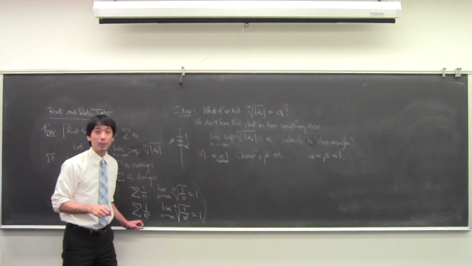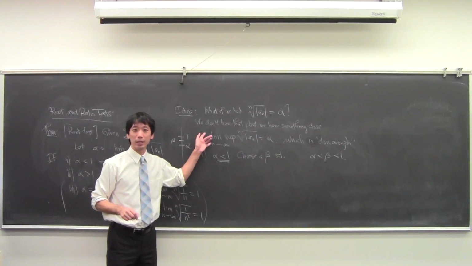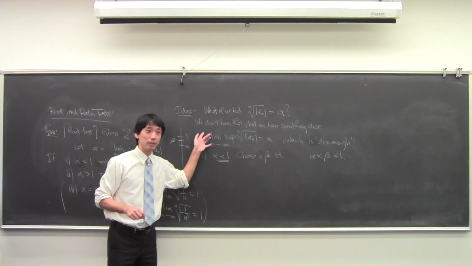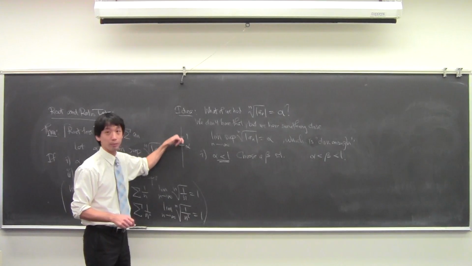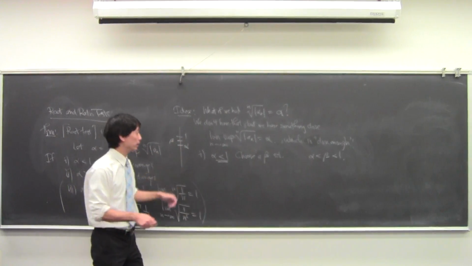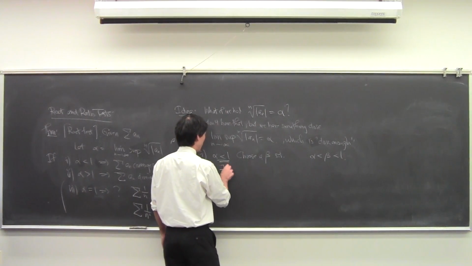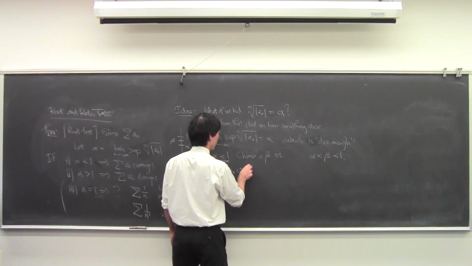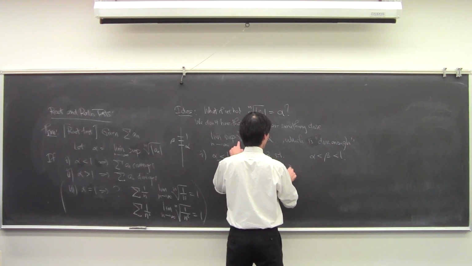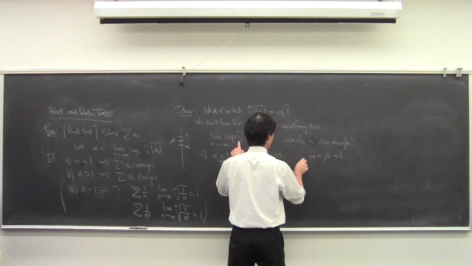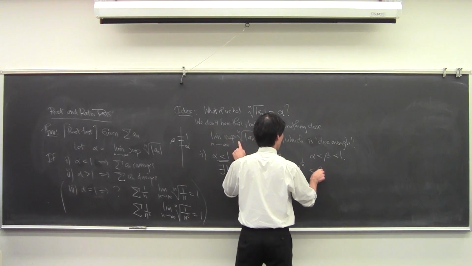Now remember what we said about the lim sup. We had the characterization of the lim sup that says that we can find some number, and past that number, everybody's going to be less than beta. So there exists an n naught such that if n is bigger than n naught, the nth root of a sub n is less than beta.